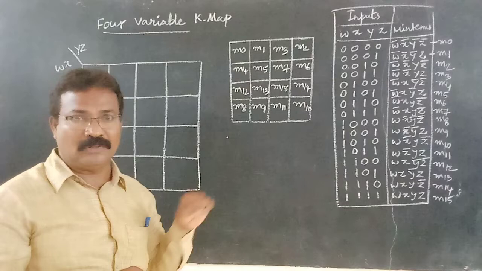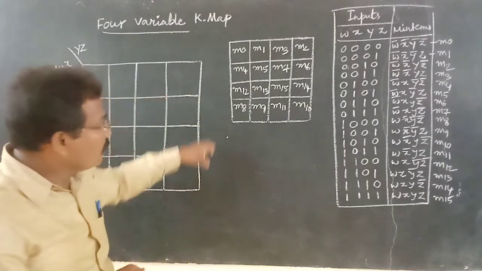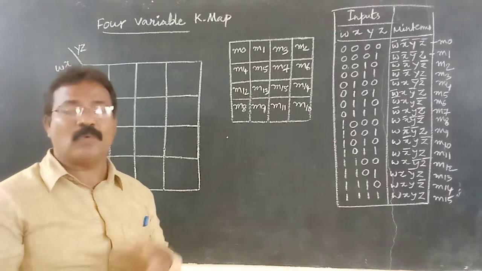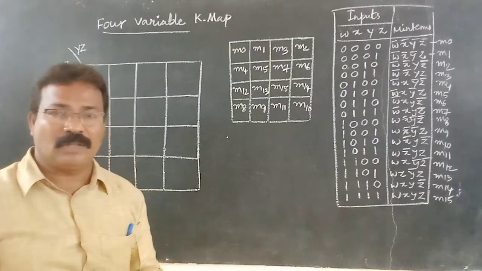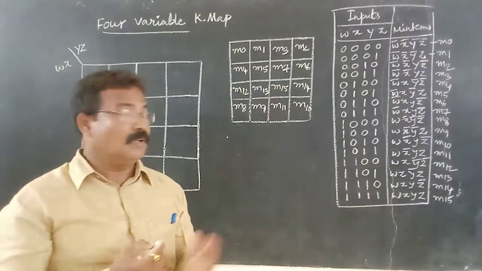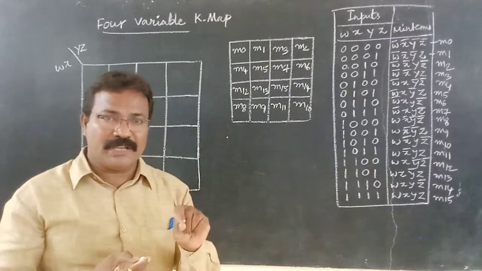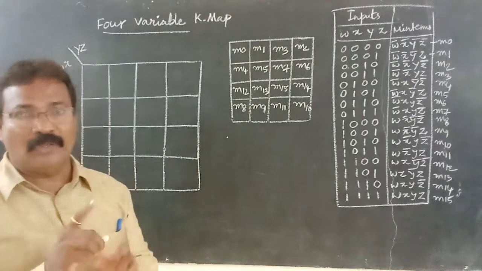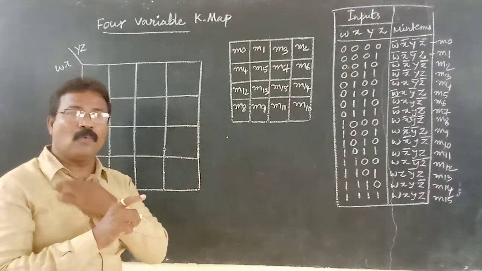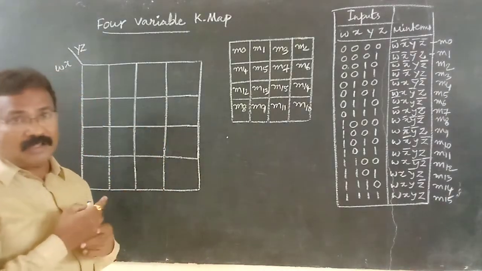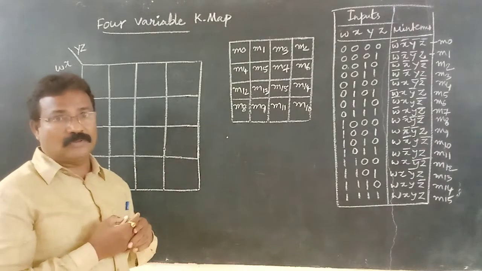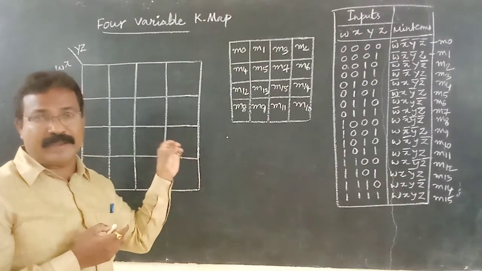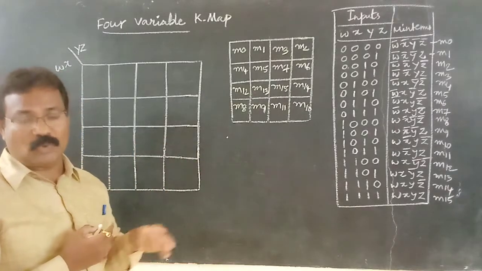What does Gray code mean? Only one bit will change from one column to the next adjacent column. That is the Gray code, not a binary sequence.